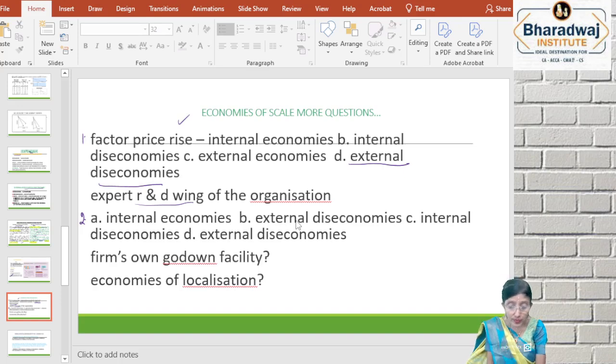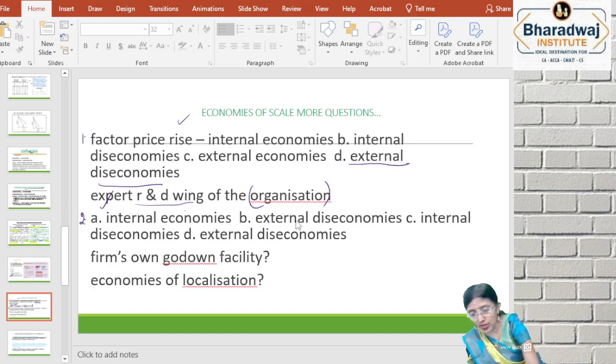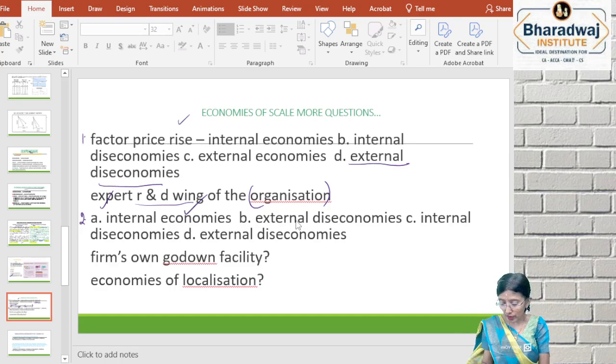Expert R&D wing of the organization. Expert means benefit. We are talking about a benefit of the organization. Therefore, this is the correct option: internal economies. Therefore, I told you, when you are clear about the meaning of the terms economies, diseconomies, internal, external, you can know the answer.